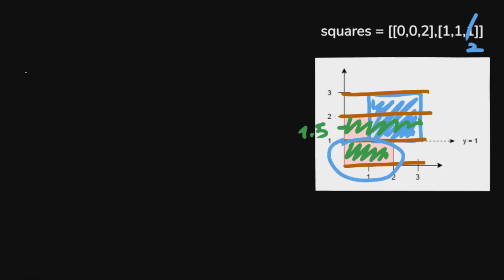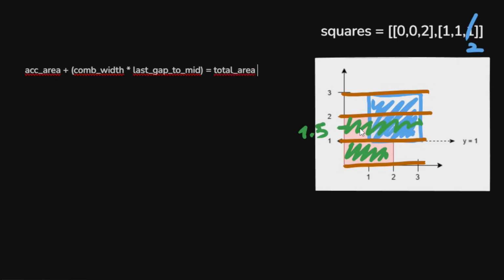We know that the accumulated area up to the last breakpoint plus the current area, meaning the area from the current breakpoint to the previous one, should be equal to exactly half of the total area. Okay, so with this we can say the following: the accumulated area plus some part of the current area, which is given by the combined width times the last gap to mid, should be equal to total area divided by 2.